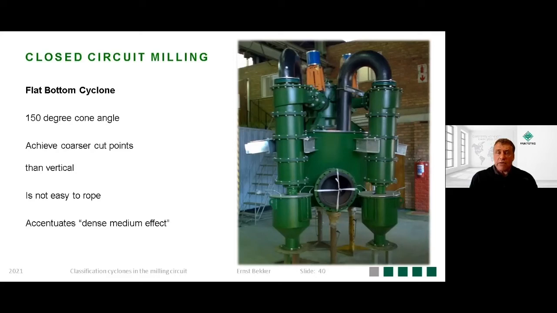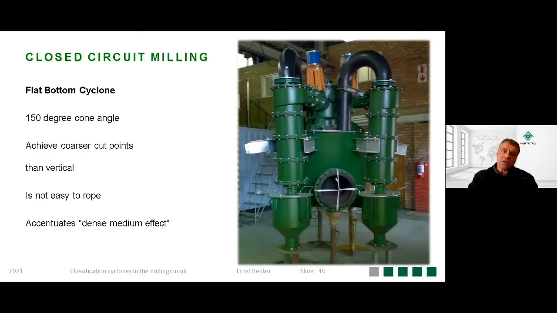There is, however, when you are looking at very coarse grinds, this P80 of 180 and coarser, that is also where we start to consider cyclones to help maintain the circulating load at those coarse grinds. When you are trying to use a conventional cyclone at these very coarse grinds, you are going to generate very high circulating loads.